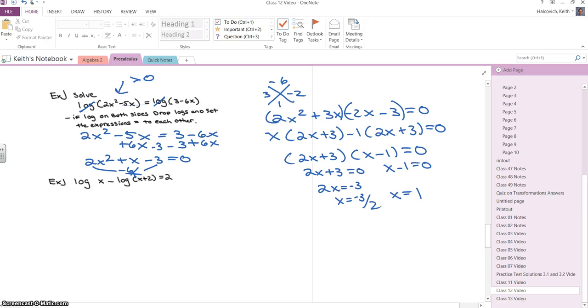Well, 2 times 1 is 2, minus 5 gives me negative 3. So 1 will not work when I put it back in. It'll give me log of a negative number. It'll give me log negative 3, and it's impossible to go 10 to the x and get it equal to negative 3. That's not possible.